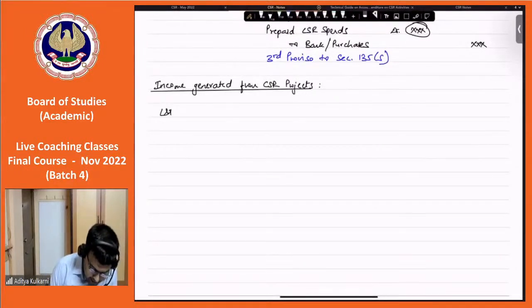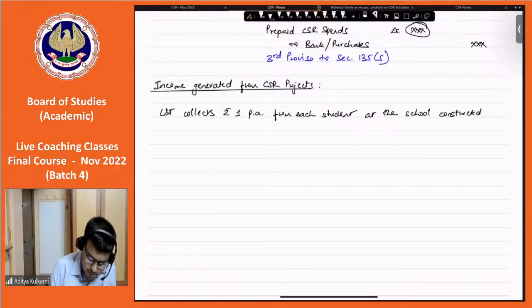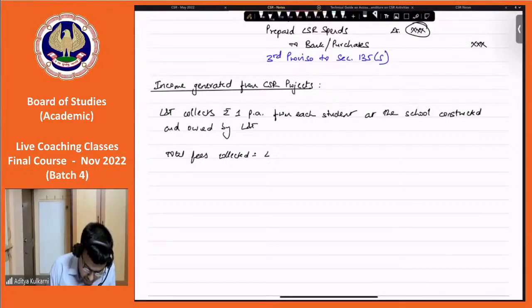So L&T collects ₹1 per annum from each student at the school constructed and owned by L&T. So now total fees collected ₹1,000.